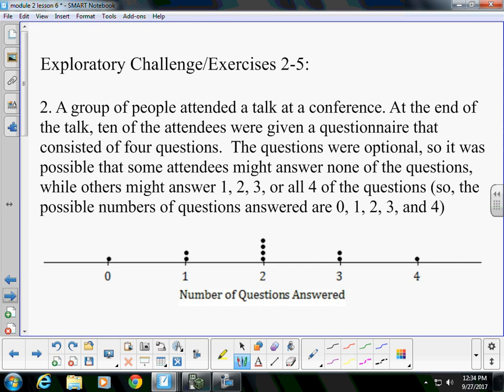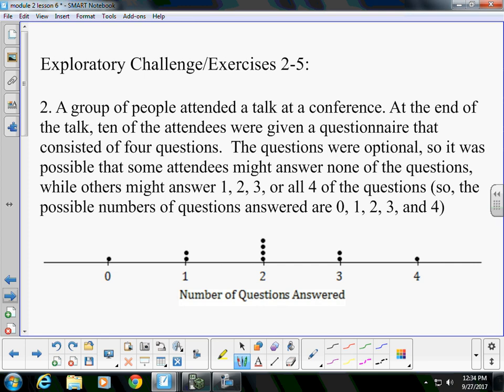Okay, exploratory challenge exercises 2 through 5. It says a group of people attend a talk at a conference. At the end of the talk, 10 of the attendees were given a questionnaire that consisted of 4 questions. The questions were optional. So it was possible that some attendees might answer none of the questions, while others might answer 1, 2, 3, or 4 of the questions.